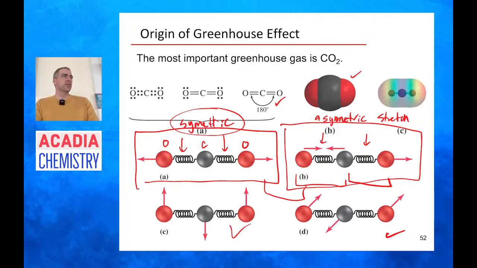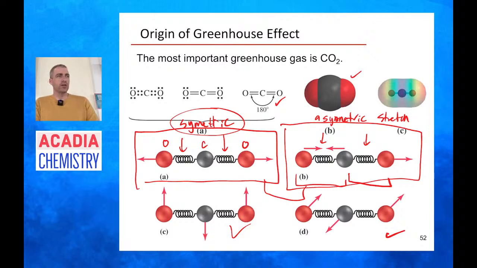So what does this mean? There are different energy differences between these different vibrations. So if a molecule is vibrating one way, if it absorbs infrared light, it can switch to vibrate a different way. This is what infrared energy can do when it's absorbed by a molecule.